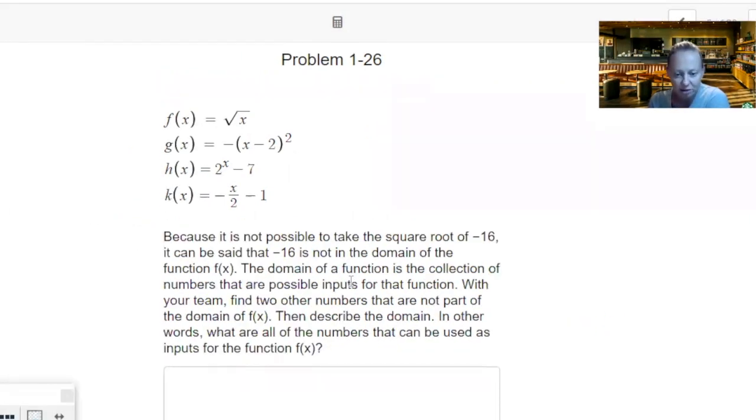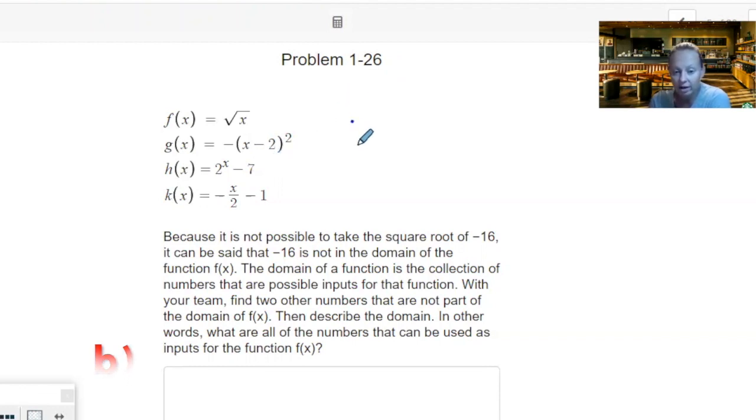Okay, the next question. This question, if you need to read it, pause. Come back. In this question, it's asking you to describe the domain in words. What are all the numbers that can be used as inputs for the function f of x? So we can input any number that is a positive value.